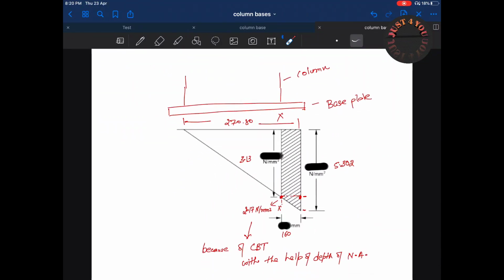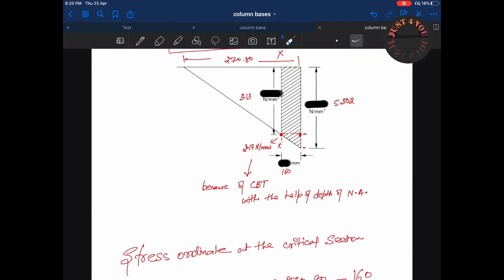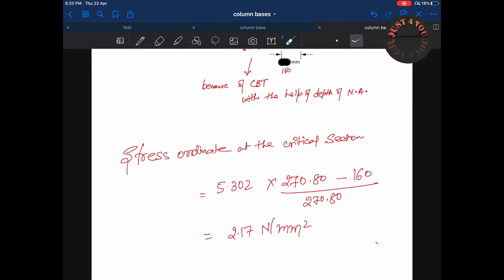Now we have to calculate this distance, and this distance can be calculated if we know that ordinate. This ordinate can be found with the help of the depth of neutral axis. Now 5.302 is the maximum stress value.